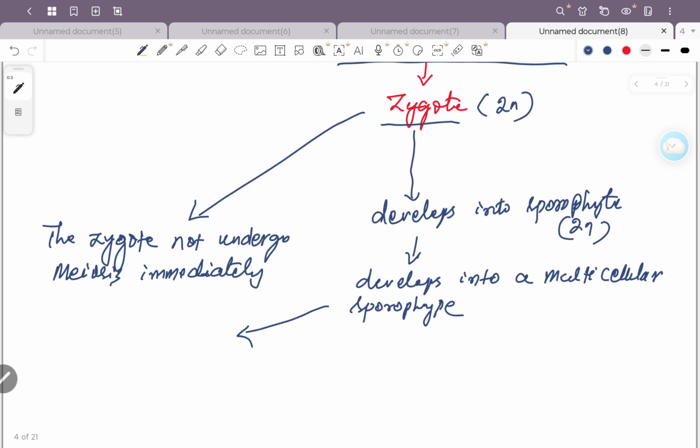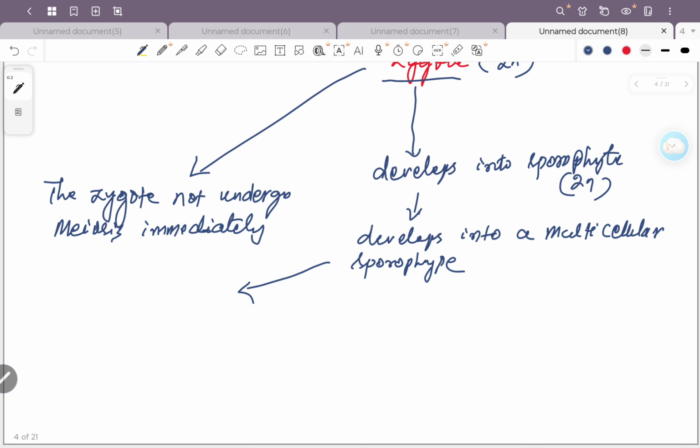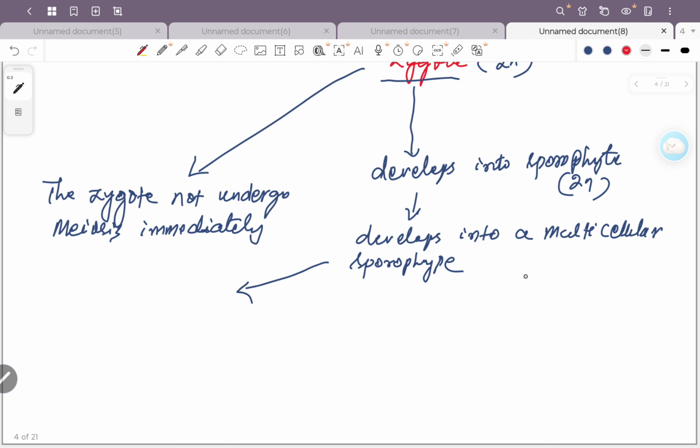It develops into a multicellular sporophyte, and this sporophyte has 3 parts. Okay, so suppose this is the sporophyte. It has 3 parts, that is the foot, then the structure is like this.